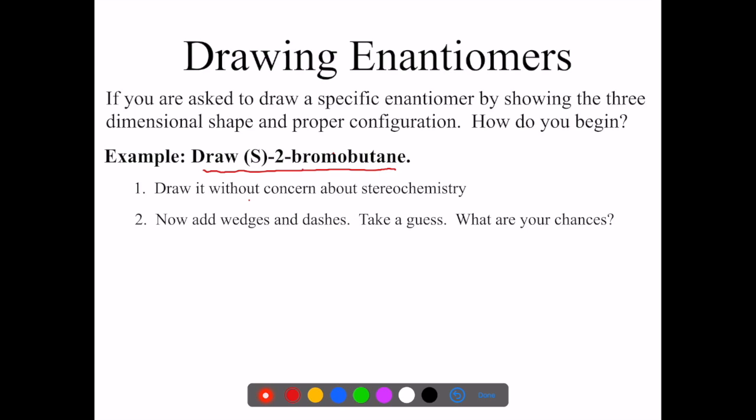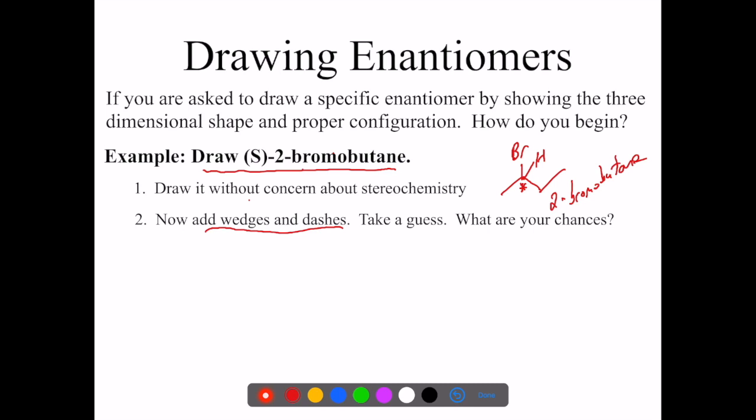Well, the first thing is to make sure you know what you're working with. It's butane with a bromine on carbon 2.